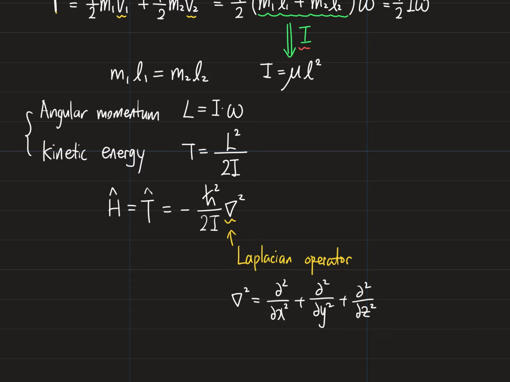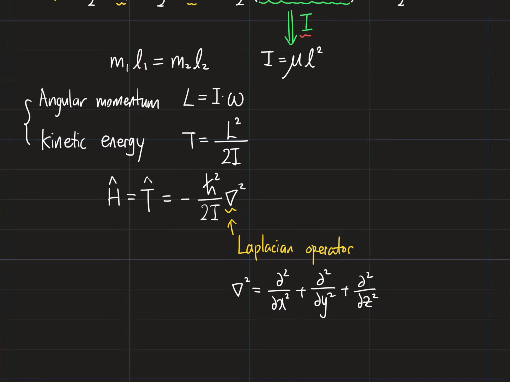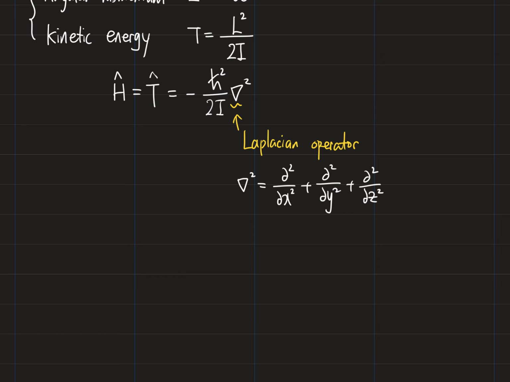But here we are discussing the rotational motion. So rather than the Cartesian coordinate, the spherical coordinate is the better option. So we are going to use the spherical coordinate.